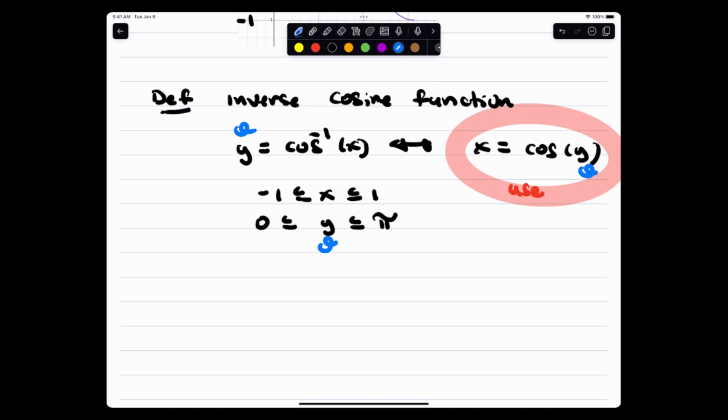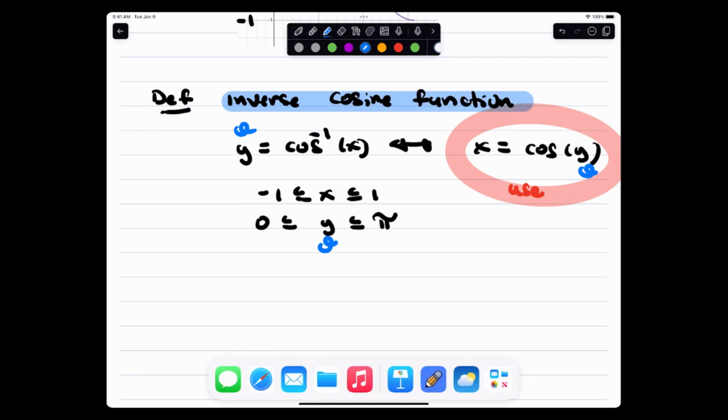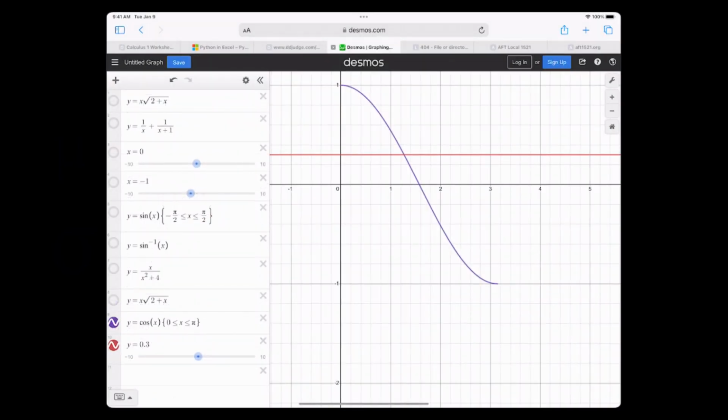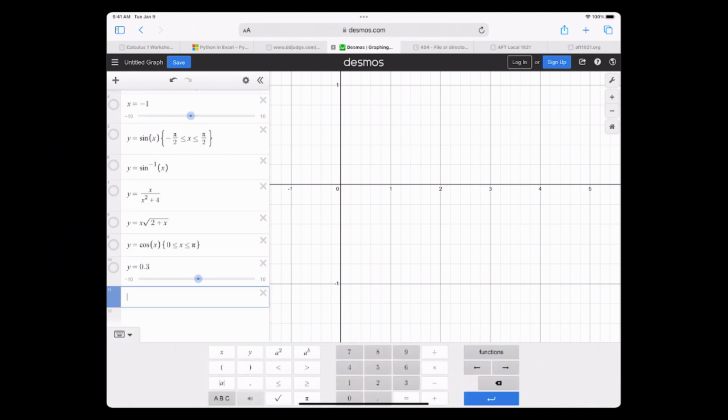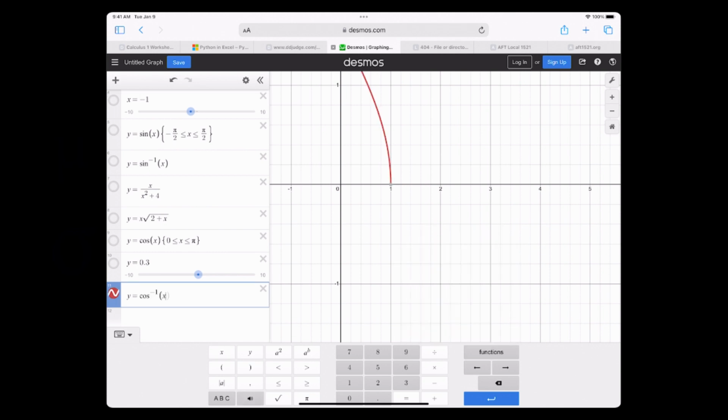But I have to show you the inverse cosine curve as well in Desmos. This is the definition for inverse cosine, and it's found the same way we did inverse sine. So if I go to Desmos and remove this and this, you say, can you show me that inverse cosine curve as well? Sure. There it is.